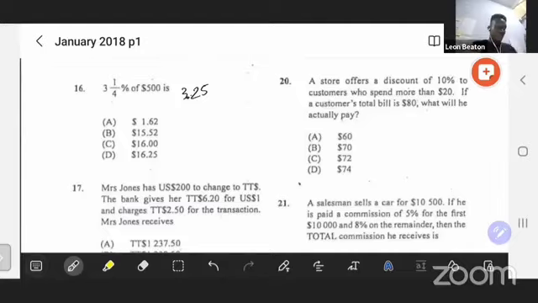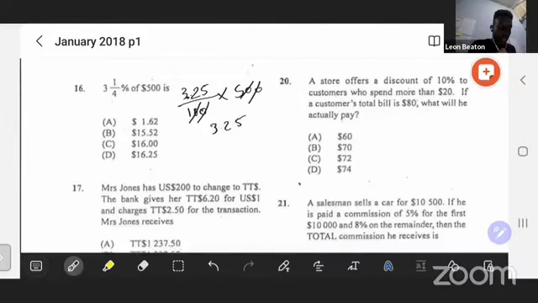So 3.25 percent would be 3.25 over 100 times 500. This zero cancels that zero, this zero, that zero, and we have 3.25 times 5. Remember, we don't have calculators in the exam, so we'll have to work this out manually. Let me just work this out quickly.